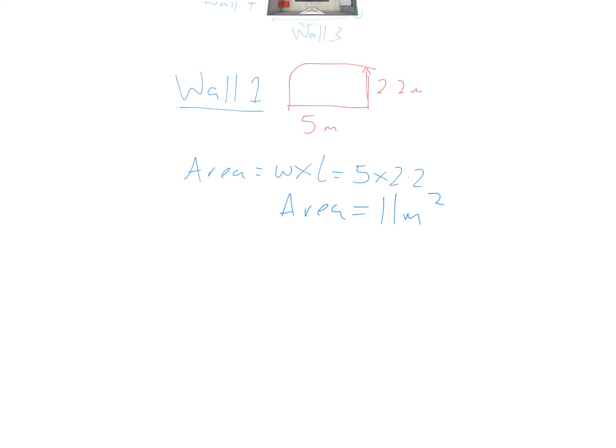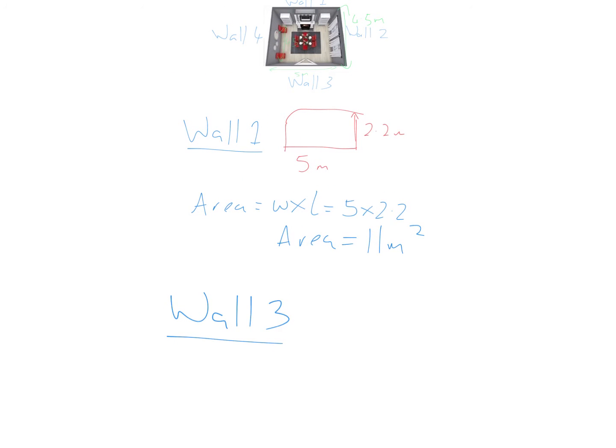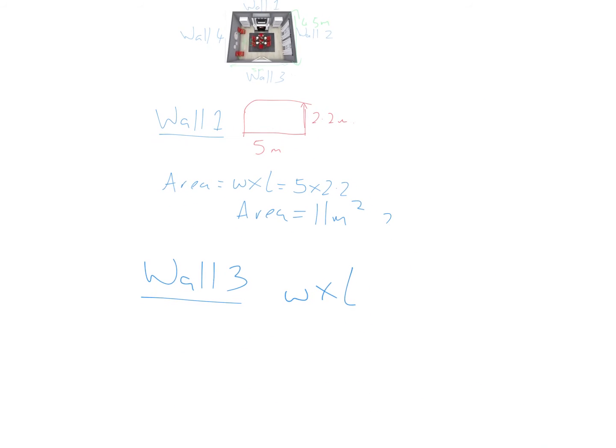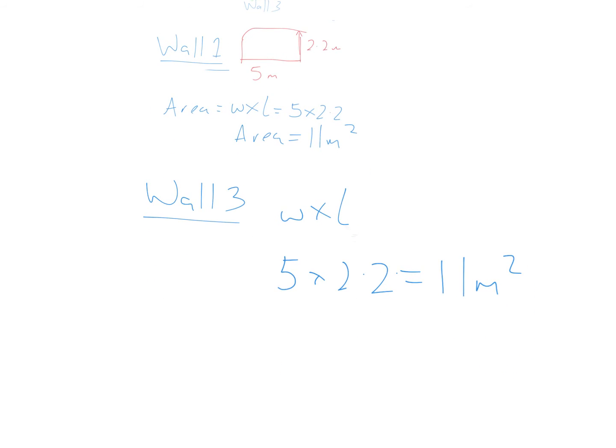Wall 3 is the opposite wall, and we know it's going to look the same. It's also 5 meters wide and 2.2 meters high, giving us a total area of 11 meters squared.